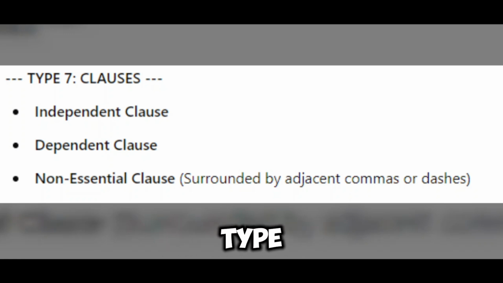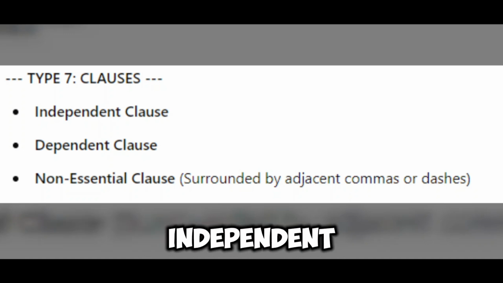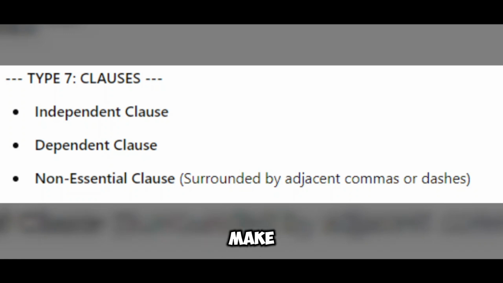Alright, so type 7 is clauses. So there are basically three main types of clauses: independent clause, dependent clause, and non-essential clause. We are already familiar with the independent and dependent clause. So independent clauses are the ones which make sense on their own, which have subject, verb, and object, whereas dependent clauses are the opposite.